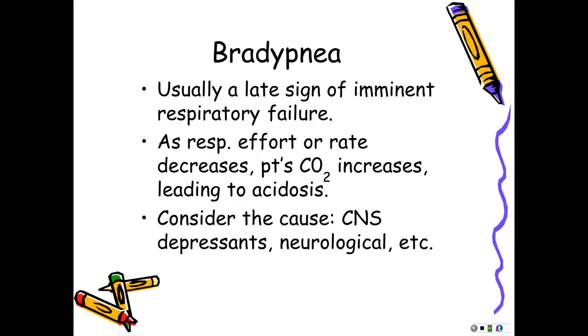By the time they're bradypnic, they've already fallen off the cliff and they're on their way down. Because what will happen is they get more and more tachypnic until they can't compensate anymore. They start to go bradypnic and they go into apnea very quickly. So for those reasons, you need to recognize them when they're still in the tachypnic phase, because by the time they're bradypnic, you're in deep trouble.